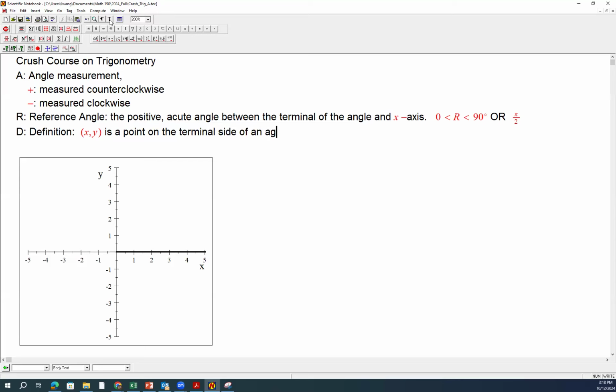I will give a name to this angle, we call it capital A. But we have a special requirement about this point. x comma y is the point on the terminal side of an angle A, other than the origin.